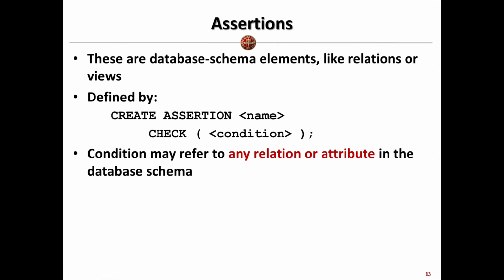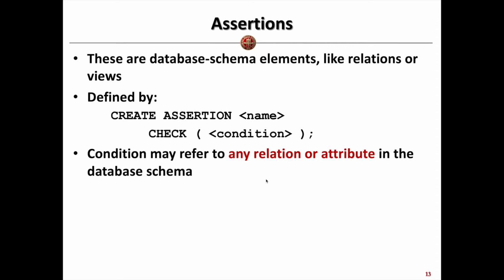It's for the overall database system, on all the tables inside the database system, right? And the conditions we define in the assertion can refer to any relations or attributes in the database schema. So it's the difference, right? Because this assertion is for the overall database system. We're monitoring all the relations inside database systems.